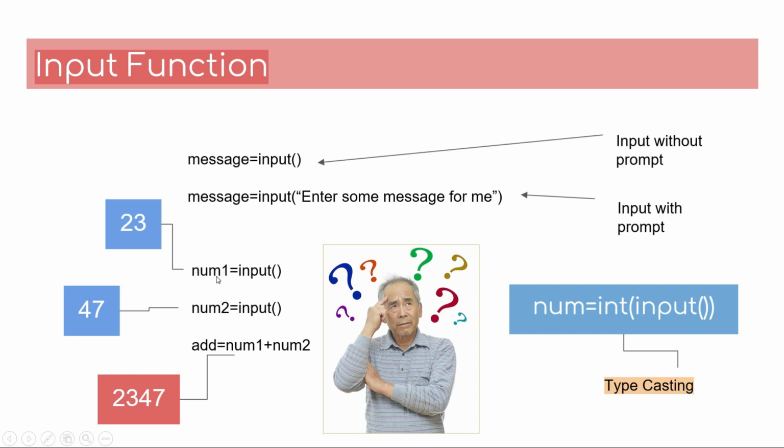For example, if you say num1 = input, num2 = input, and you give 23 and 47 and add them, you thought that these are numeric values and they would be added, but the answer is 2347. They are concatenated. It is because the input function returns a string by default.